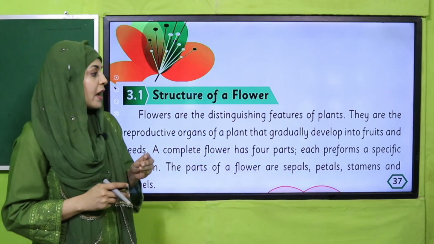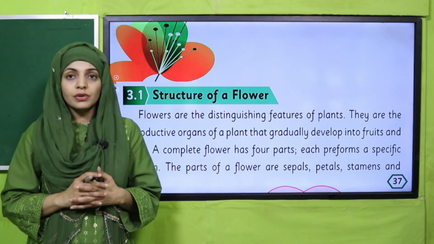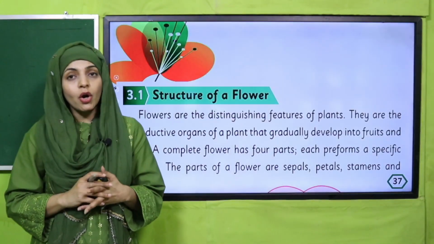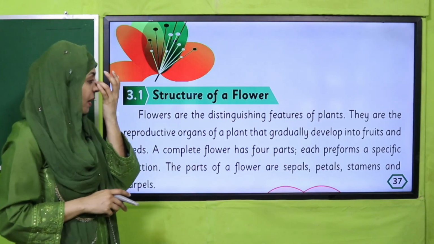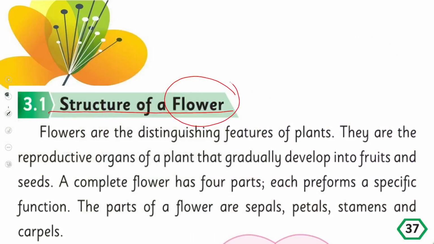So my dear students, I request you all to please open page number 37 in your Science 5 books. Very good. I hope you have opened the page. So my dear students, we will start the reading about the structure of a flower. Flowers are the distinguishing features of plants.